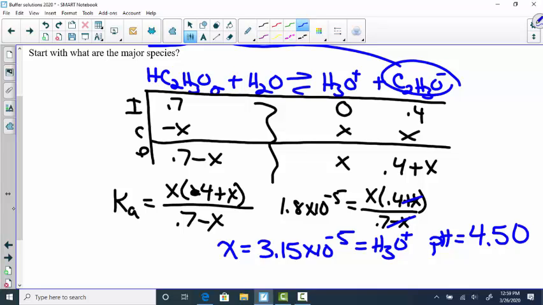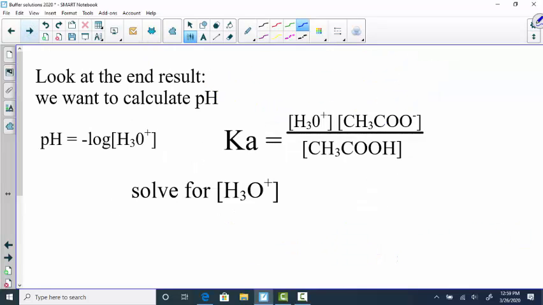Okay, so that's a common ion effect problem. Not very challenging at this particular point because you just did a number of these. But what we're going to look at is we're going to change this a little bit. Ultimately, the end result that we want is always to calculate what the pH of the solution is going to be.